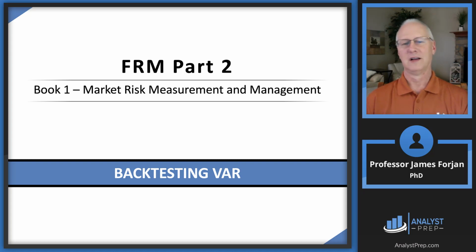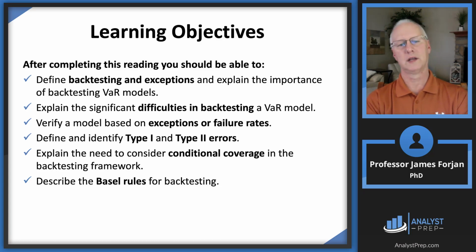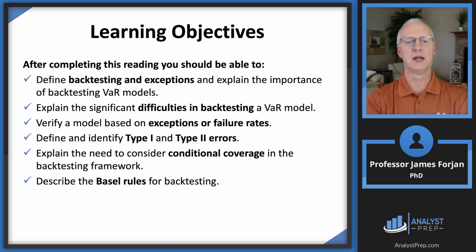So let's take a quick look at the learning objectives here. We're going to define backtesting, take a look at some difficulties in backtesting, look at some exceptions or failure rates, and then, we've talked about type 1 and type 2 errors for lots and lots of chapters. And then we'll have to concern ourselves with unconditional and conditional coverage late in the slide deck.